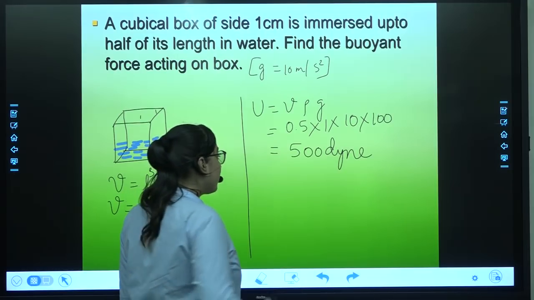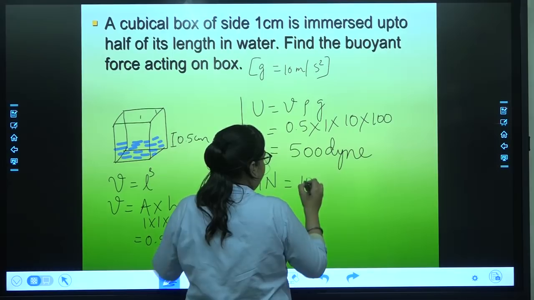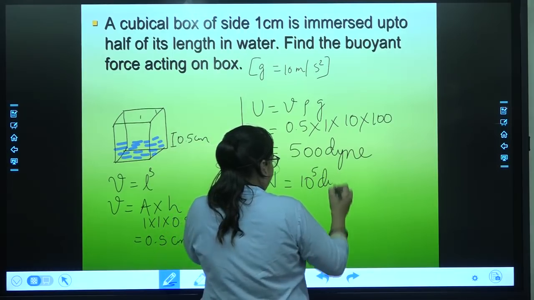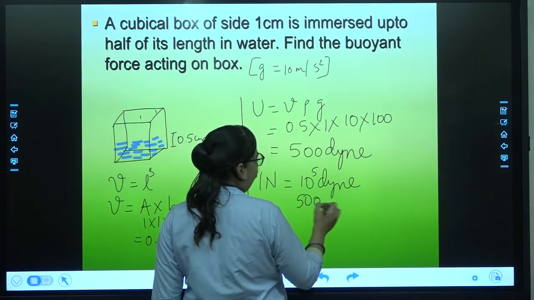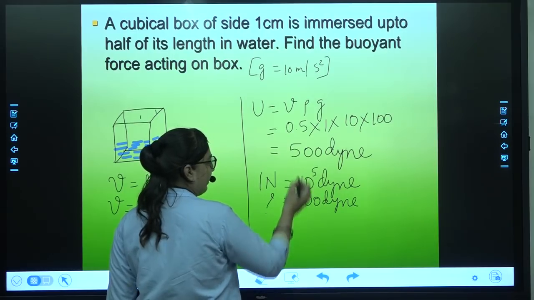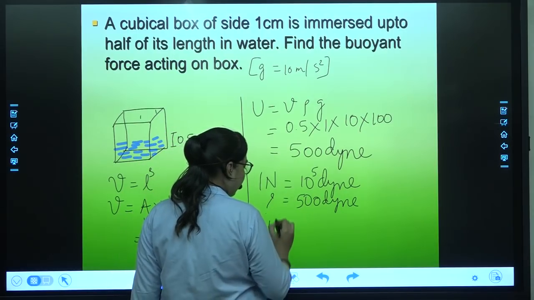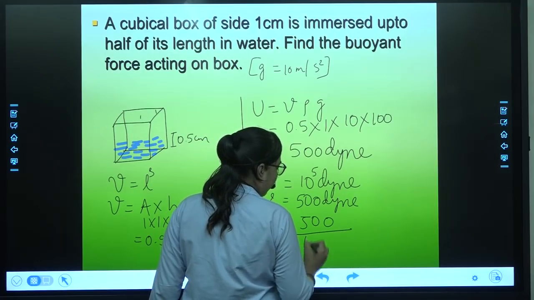Alright. Another thing we know is 1 Newton is 10 raised to 5 dyne. So 500 dyne is how many Newton? So it will get divided by 500 upon 10 raised to 5.